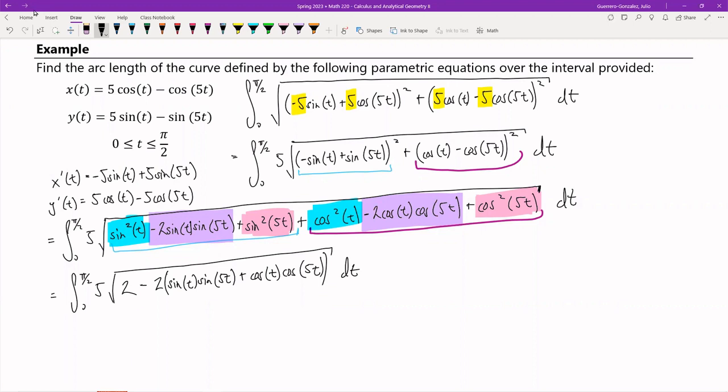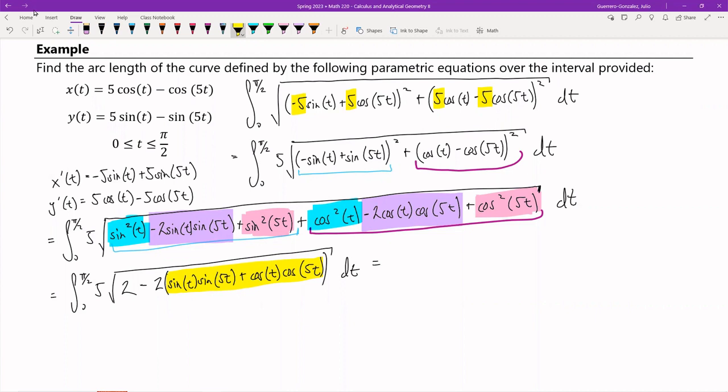Here is where it's going to test your trig skills. Hopefully you guys recognize this right here is the sum or difference of trig terms.